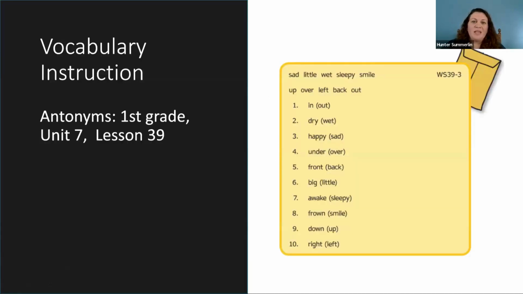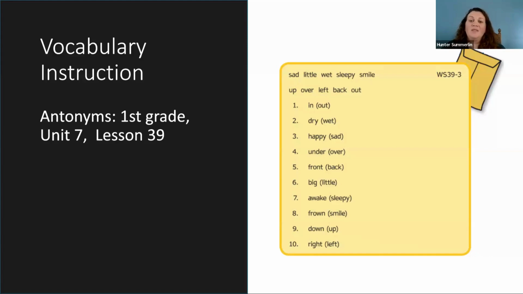Okay, so in building on patterns, there are opportunities for vocabulary instruction, such as the covering of antonyms. And this is an activity from first grade, Unit 7, Lesson 39. The words at the top of the page are sad, little, wet, sleepy, smile, up, over, left, back, and out.